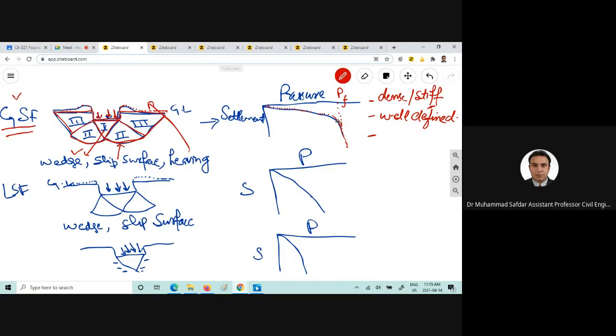Now that sudden collapse will occur in case of general shear failure.